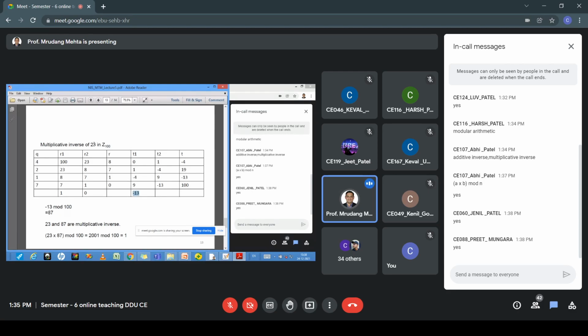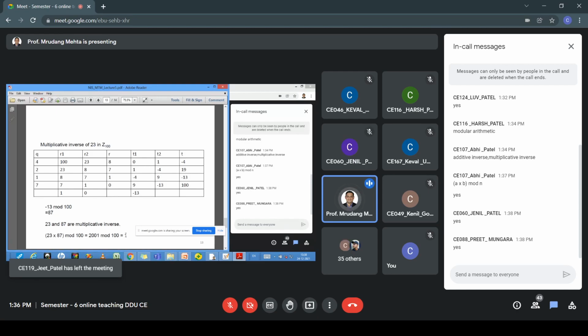So 23 has multiplicative inverse minus 13. But minus 13 is not in Z100. So minus 13 mod 100 gives us 87. So 87 and 23 are multiplicative inverses, since 87 times 23 mod 100 gives us 1.